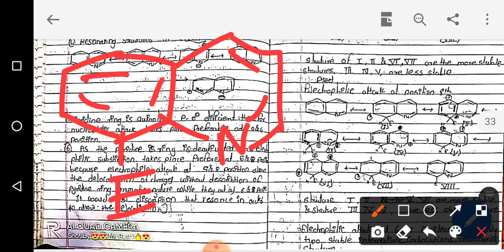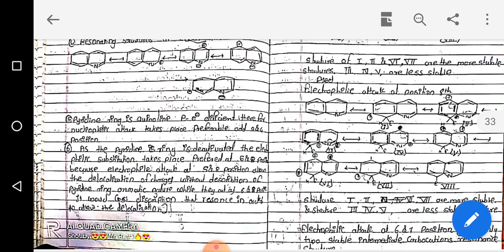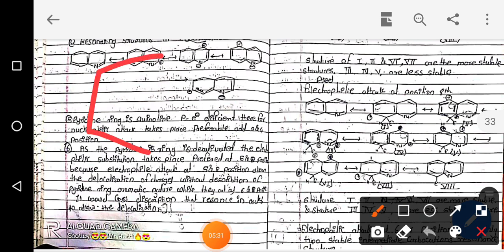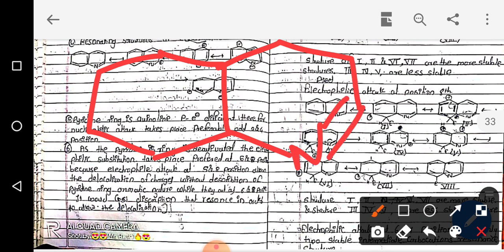In this, we draw the first step. In the first step, the structure looks like this. Here is the electrophile, here is the hydrogen, here is the plus charge, and the double bond.